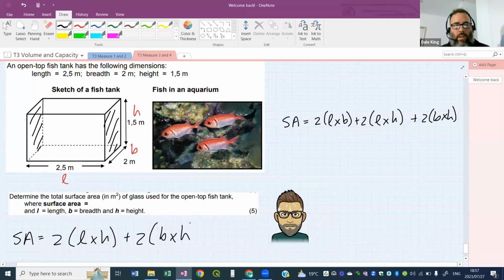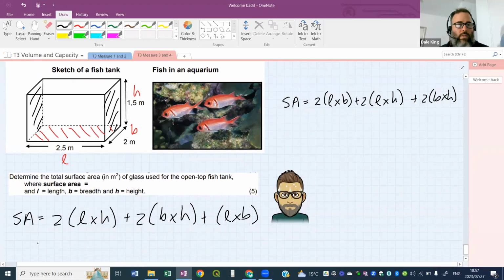Okay. And then at the end here, I need the bottom of the tank. But I don't want the top because it's open topped. So not 2 in front of the brackets. I just need 1 rectangle, which is length times breadth. Now I'm going to sub in all my numbers and then press equals.